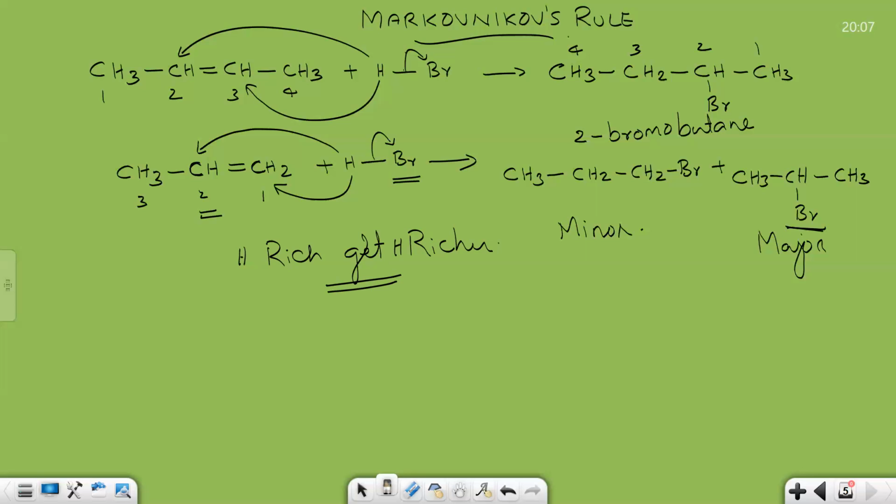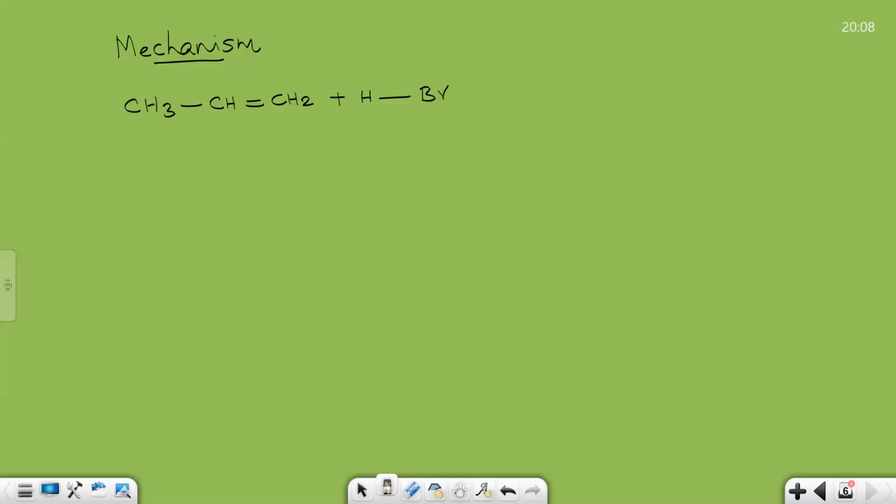Now, why is the product CH3, CHBr, CH3 the major product? For that, we can see the mechanism of the reaction. In this compound, when this bond cleaves, we will get H plus and Br minus. When H plus moves to this carbon, the resulting intermediate formed will be CH3, CH2, CH2 plus, a carbocation.